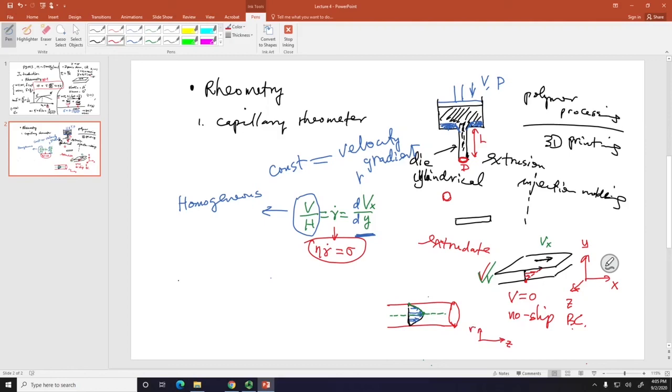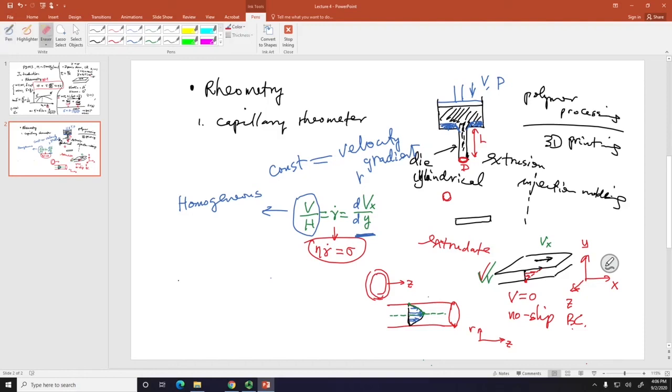Shear means the force acts on a surface whose normal is perpendicular to the force direction. So here, the force will be in the z direction, and it's acting on every layer of the onion, and that's my r direction.